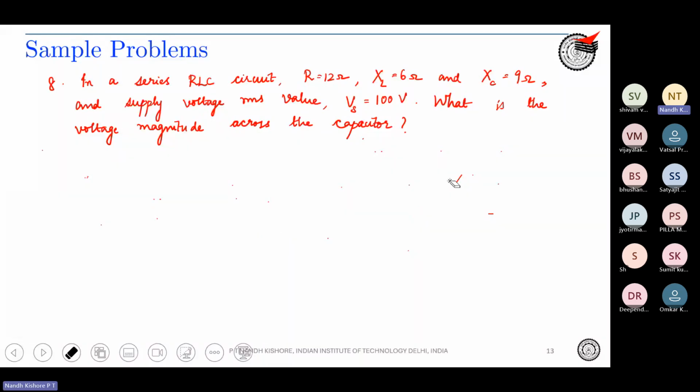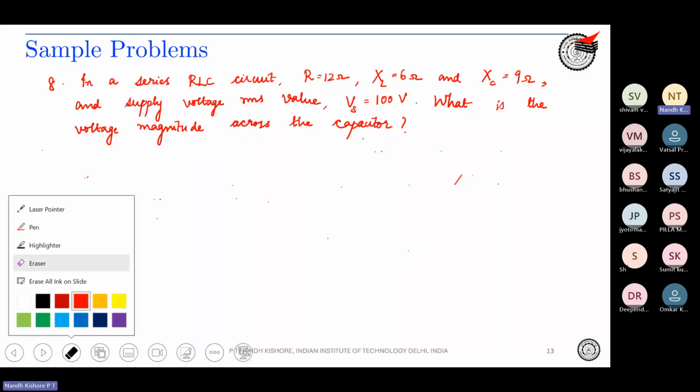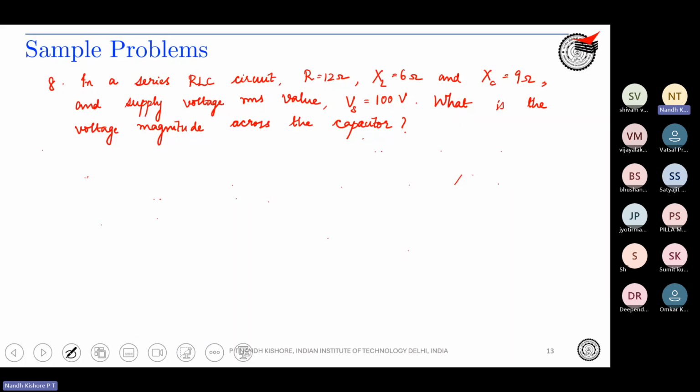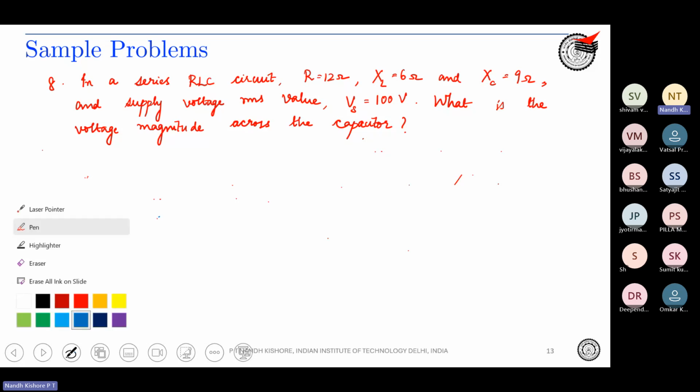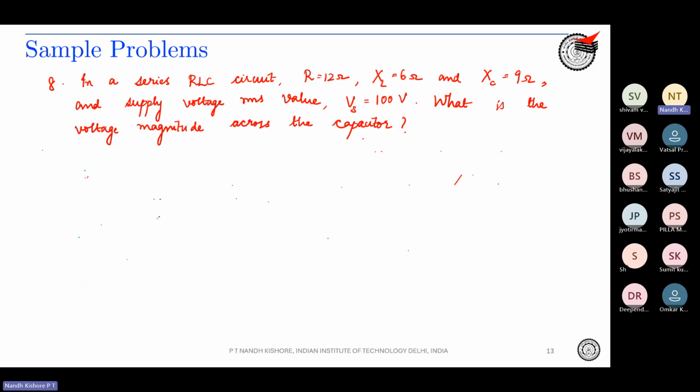Okay, so they have given a series RLC circuit. The impedances are given. Supply voltage is also given. What is the voltage developed across the capacitor? So let's take a series RLC circuit first, right? You have an AC voltage over here. The VRMS is 100 volts, right? There is a resistance whose value is 12 ohms.